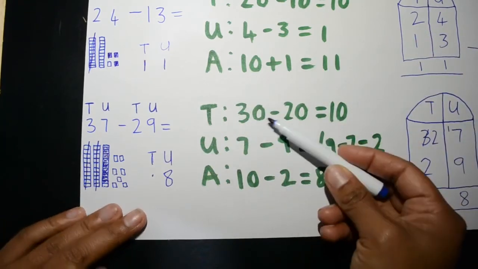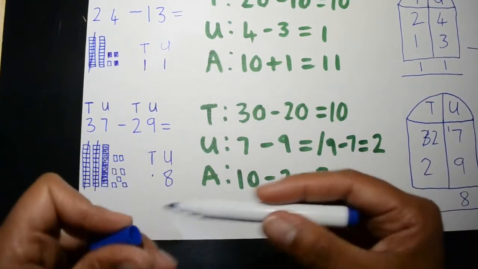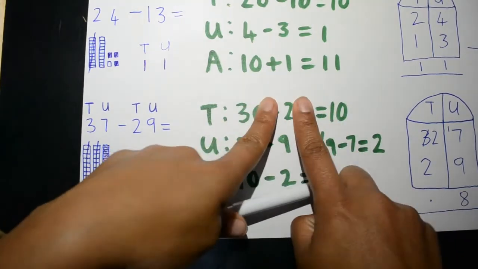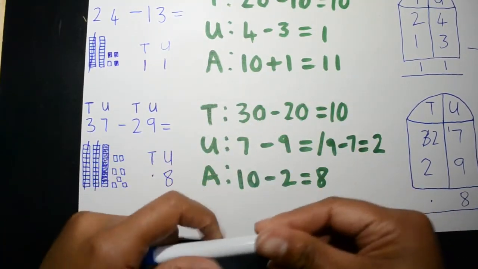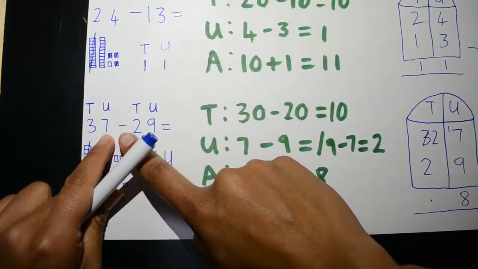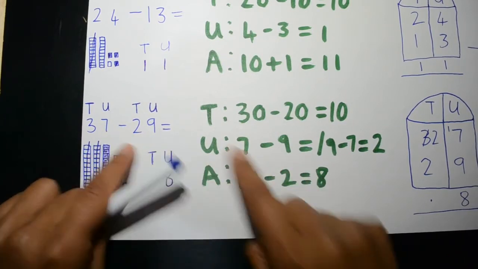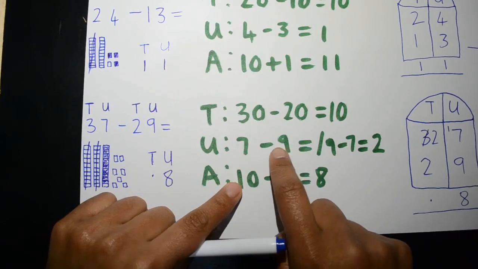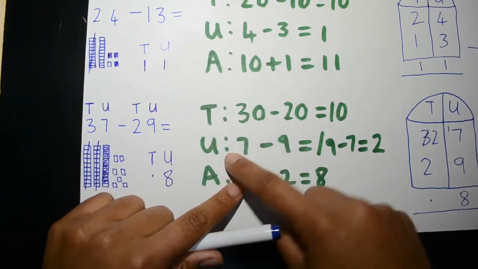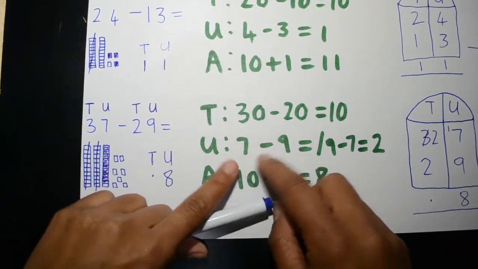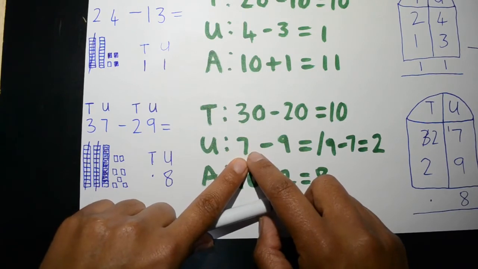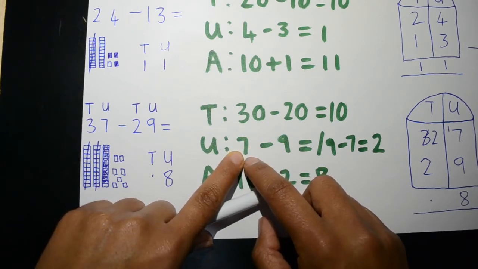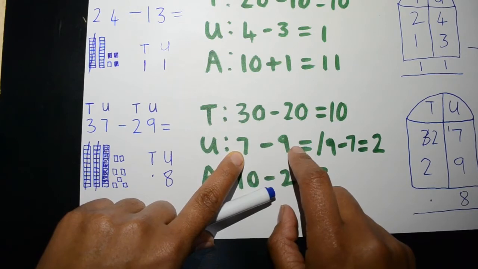30 minus 20. 3 minus 2 is 1, and you put the 0. Then you put the units. 7 minus 9. Can I say 7 minus 9? No, I have to put a bigger number first, because remember, it's like saying I have 7 sweets and I need to take away 9.